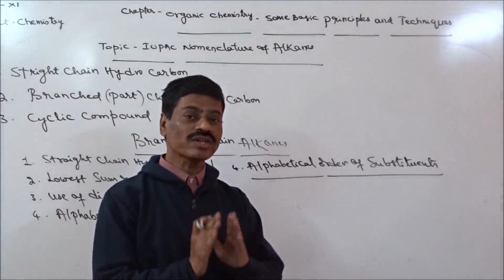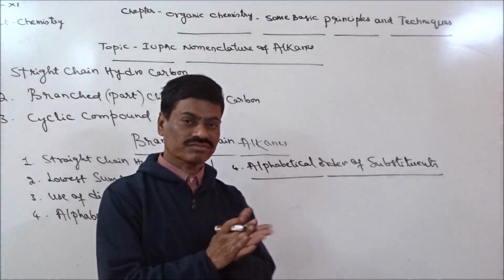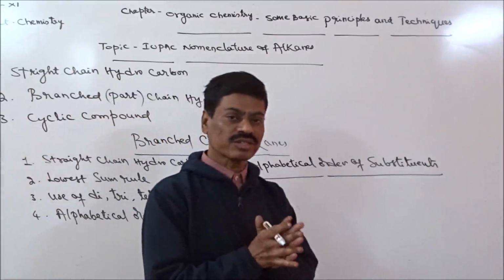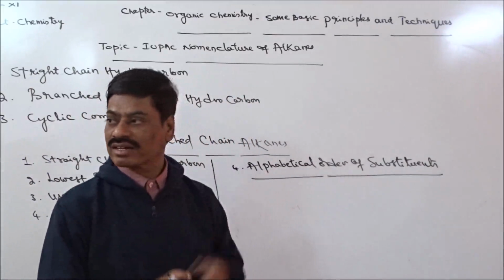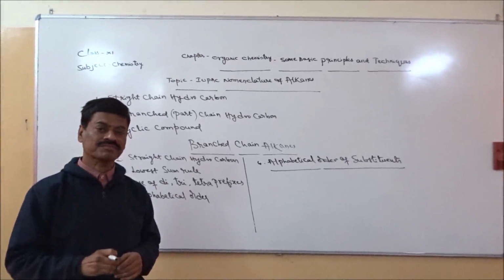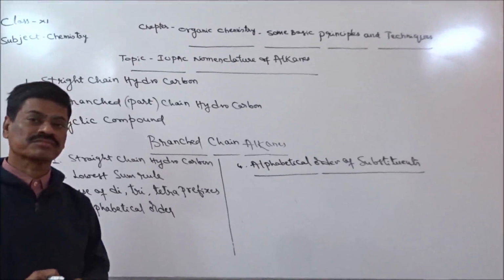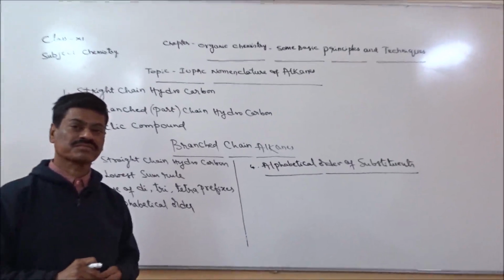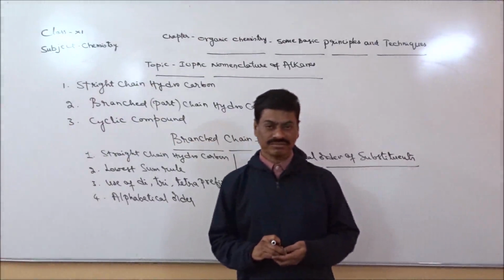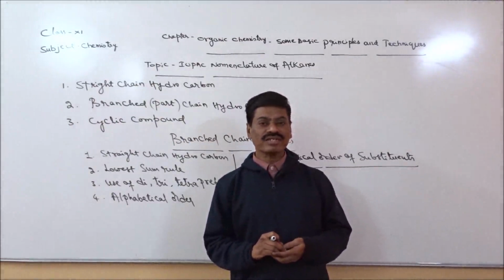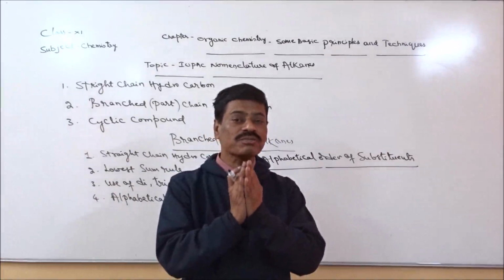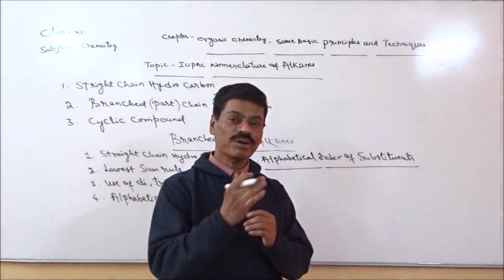The one which comes first in the alphabet is written first. If you take butyl and propyl, in butyl the first letter is B, in propyl the first letter is P. So butyl should be written first, thereafter propyl.